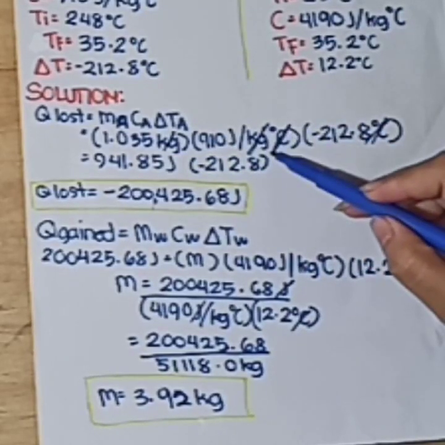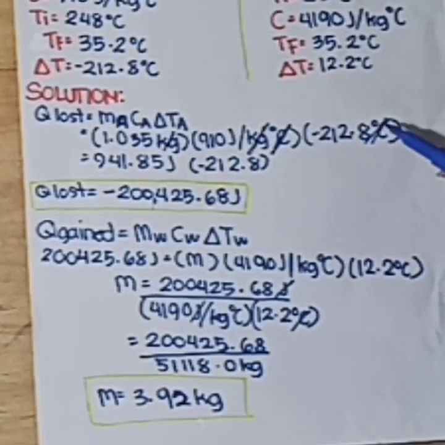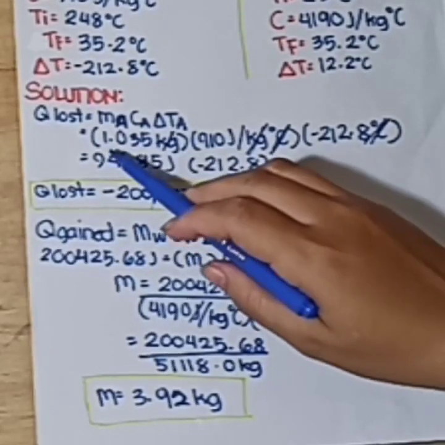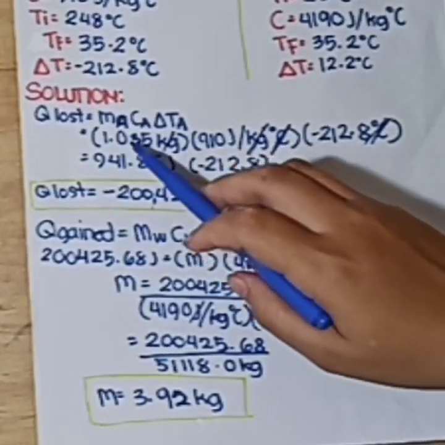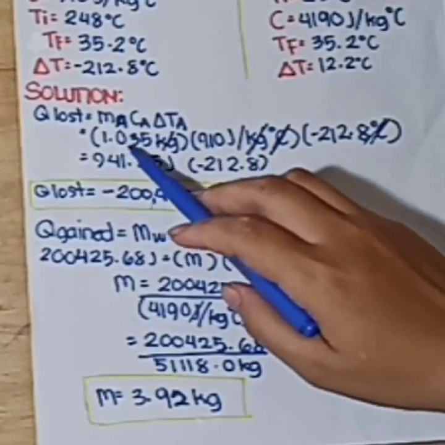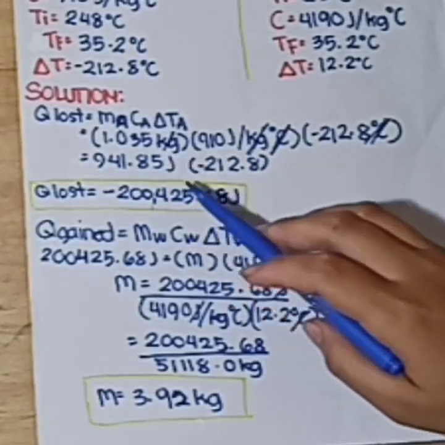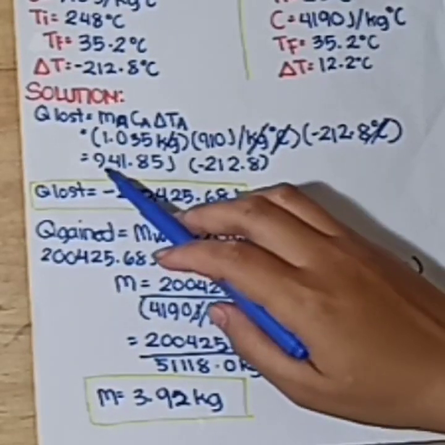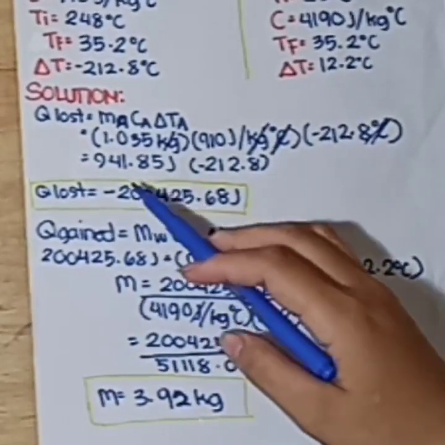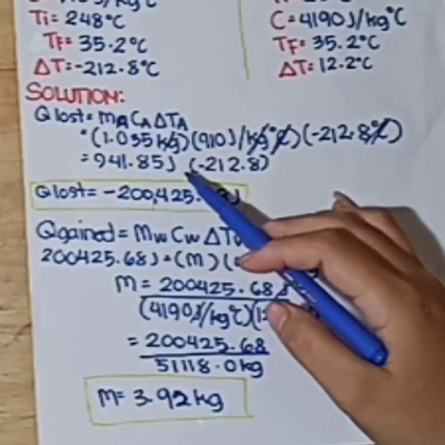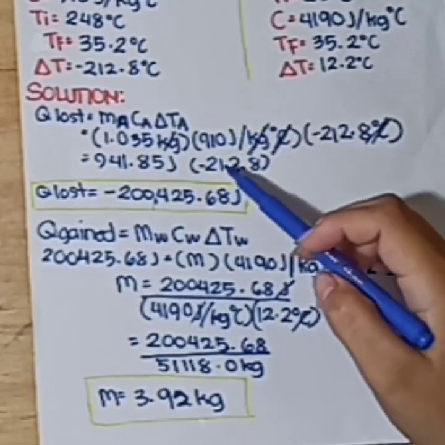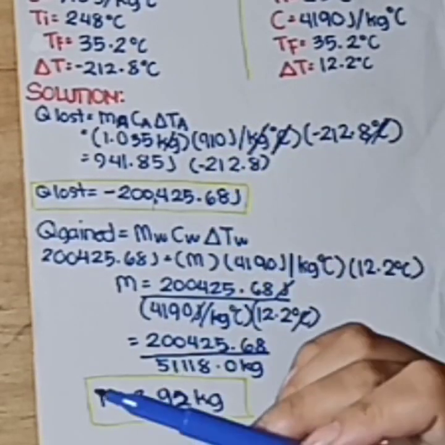So first, we're going to cancel out the kilograms. This is the specific heat. Cancel. So next we're going to multiply 1.035 times 910 joules, which is equal to 941.85 joules. And we just copied the negative 212.8 here.